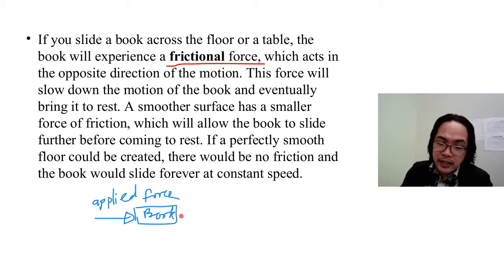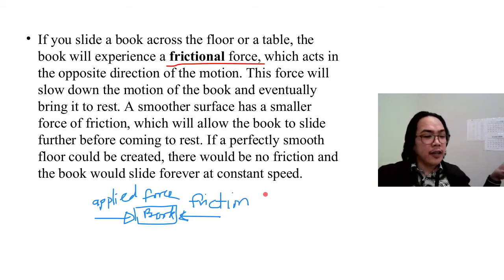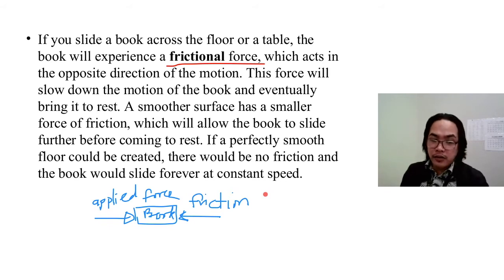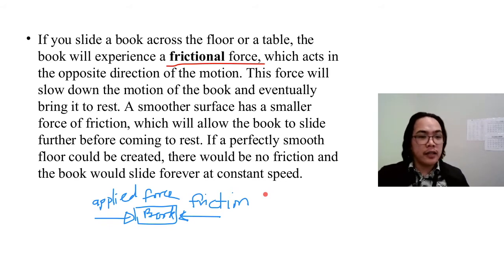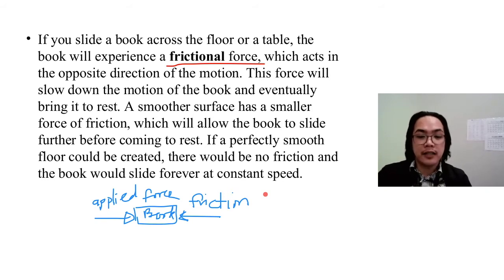But on the other side, we don't see it, but there is actually a frictional force. If certain objects are moving on the ground or on the table, they will eventually slow down and stop because of the presence of friction.